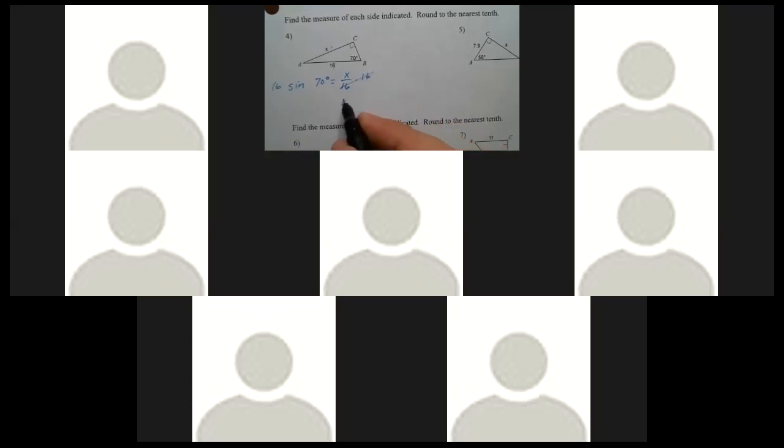I get my calculator out and I say x is equal to 16 sine of 70. What mode do I need to be in right now? Degrees. So 16 sine of 70 degrees is equal to 15 point, round to the nearest tenth. It's actually just 15.0, or just 15.